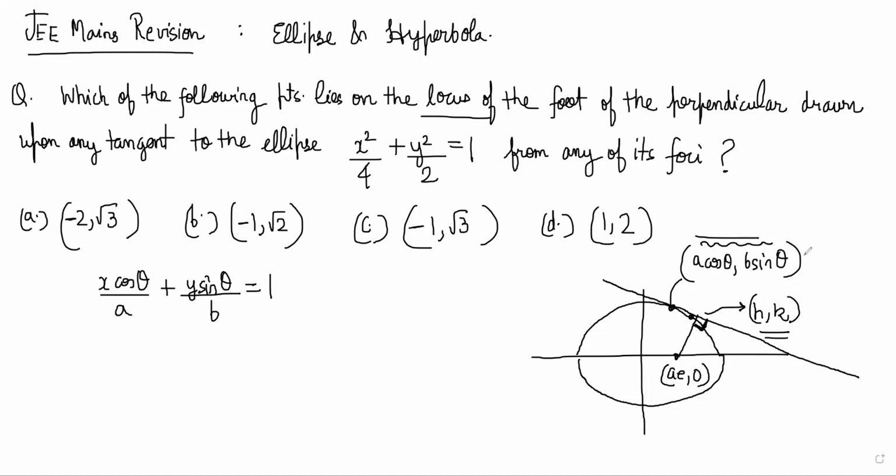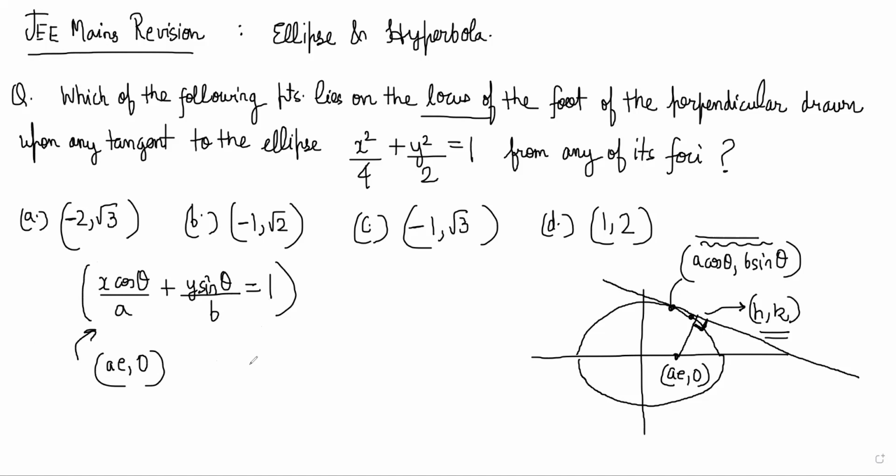Is that easier or is that harder? I don't know, you can decide. Here, finding the foot of the perpendicular on this from ae comma 0 seems straightforward. It will come in terms of cos theta and theta, right?